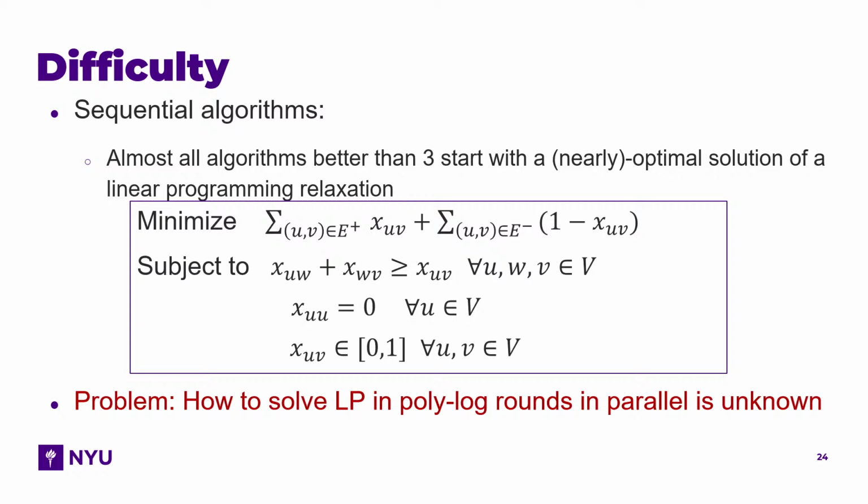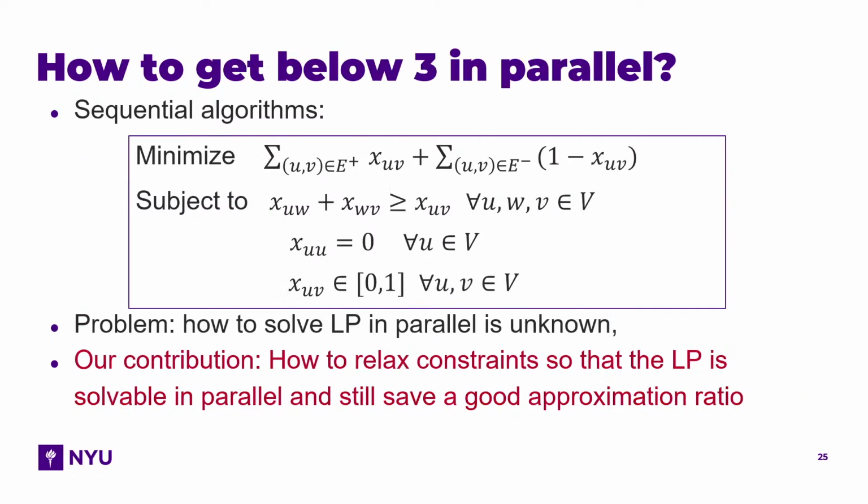So this is far away from the polylog algorithm. So what do we do here? Our idea is this is impossible to solve. Maybe I shouldn't say impossible. It's very hard to solve this linear programming in the parallel model.